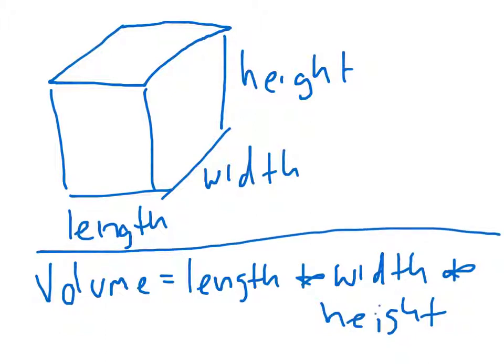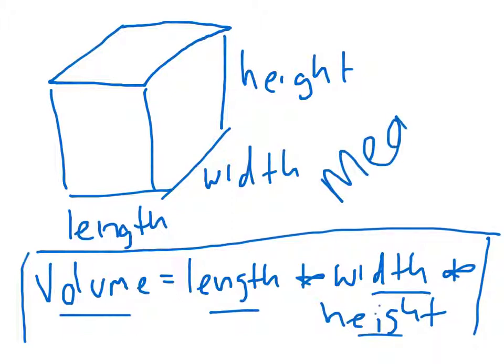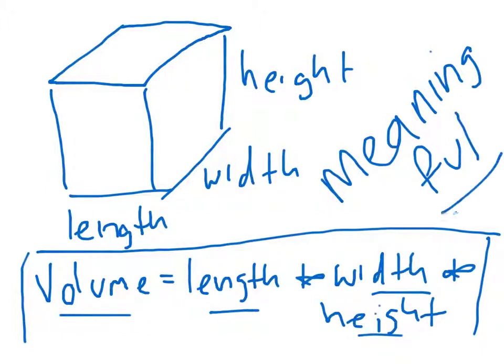Now in 3 months or 6 months or 1 year or 2 years, we can look at that and see the word volume and length and width and height, and we immediately know what these variables mean. We're giving these variables meaningful names. And when you use meaningful names, it makes your code easier to read.